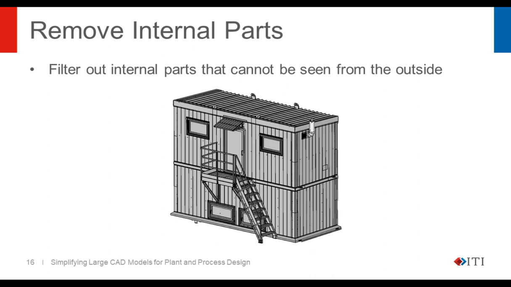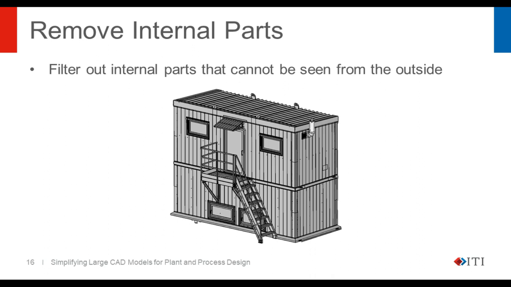Another thing that's quite effective is the removal of internal parts. I frequently hear engineers talk about the need to remove the internals from a cabinet or a large container because they're not interested in what's inside. And it's quite often a large compressor or generator housed inside that is what makes the model massive and unmanageable.